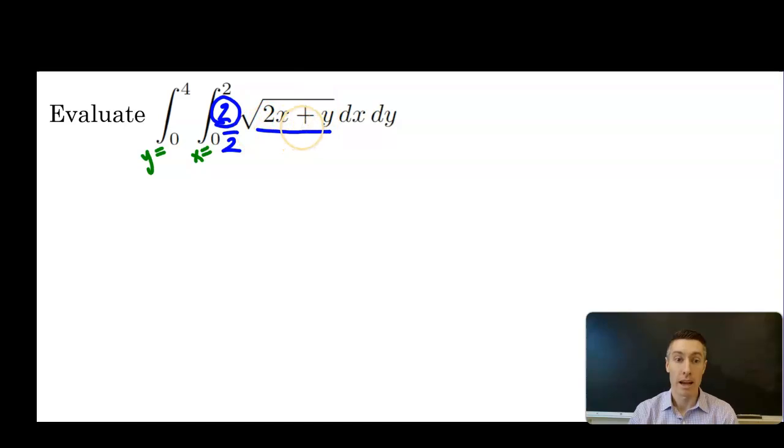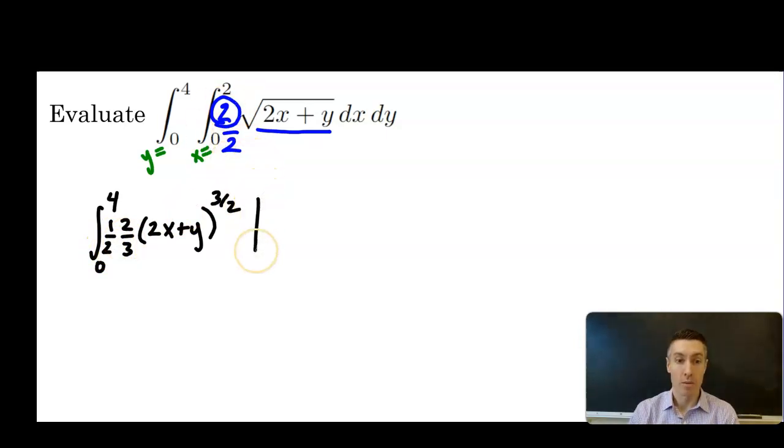And now we're integrating, or think about integrating, u to the 1/2. So that is going to give us the integral from 0 to 4 of 2x plus y to the 3/2 times 2/3, but also times this factor of 1/2 that we put into the problem.